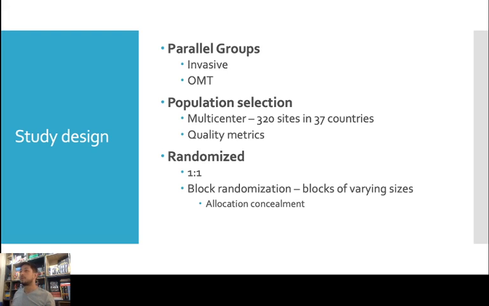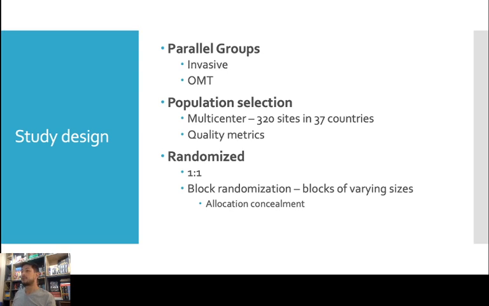It was a parallel group design. We had two groups, the invasive group and the optimal medical therapy group. Regarding the selection of the population, it was a multi-center study with 320 sites in about 37 countries.